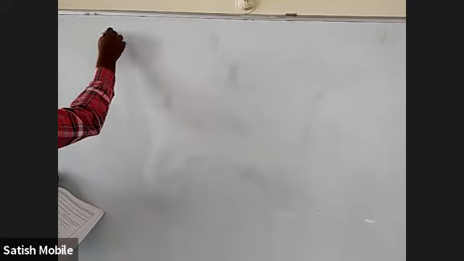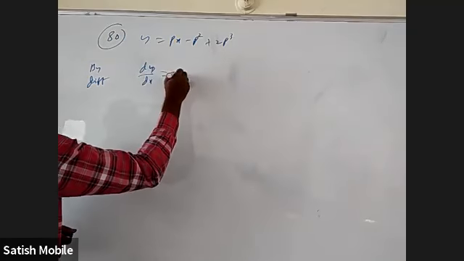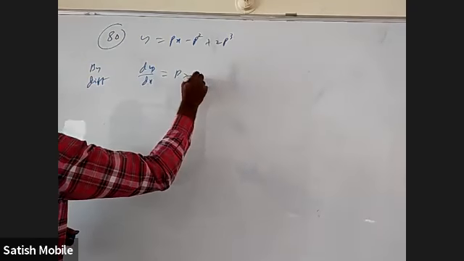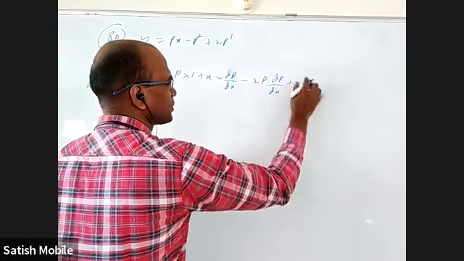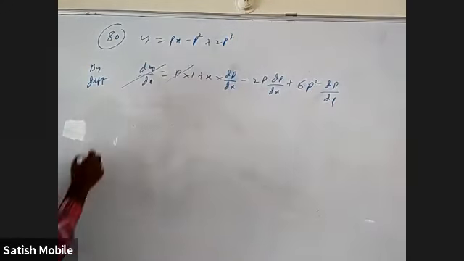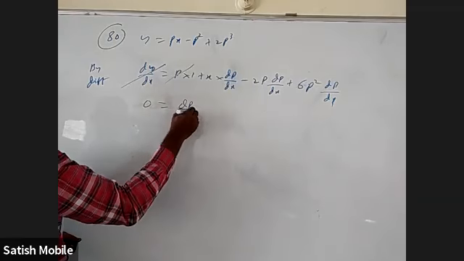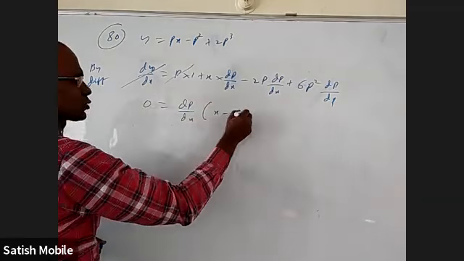You can differentiate on both sides. dy by dx equals p into derivative of x, which is 1, plus x into derivative of p, which is dp by dx, minus derivative of p square, which is 2p into dp by dx, plus 6p square into dp by dx. dy by dx and p are the same, cancel. I'll get 0 equal to dp by dx common, times x minus 2p plus 6p square. So I'll get dp by dx equal to 0 or x minus 2p plus 6p square equal to 0.